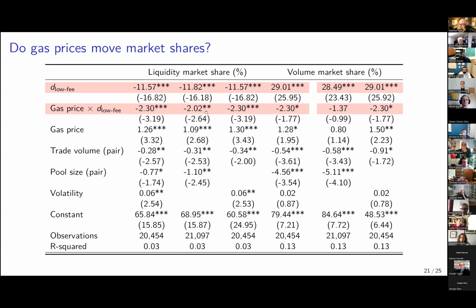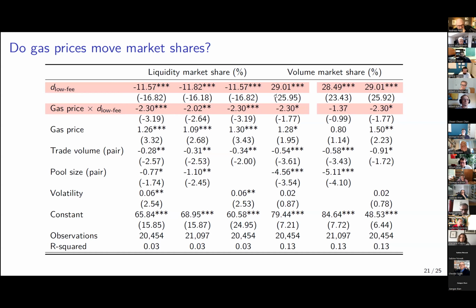And the effect seems to be driven, at least partially, by the time variation in gas prices. If I increase the gas price by 1 standard deviation, that's going to widen the liquidity market share gap by 2.3 percentage points. There is an effect also for trading volume, but it's much weaker.